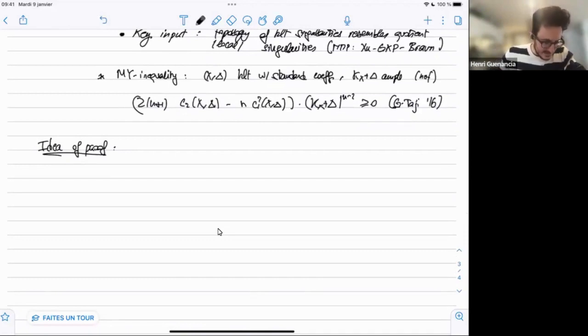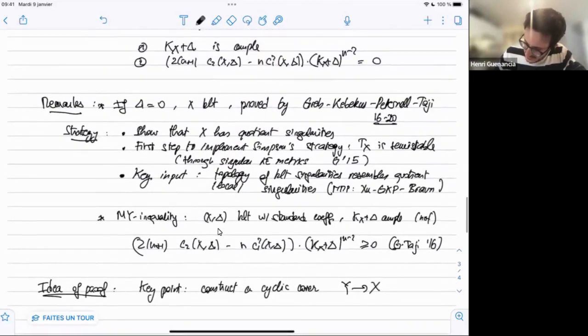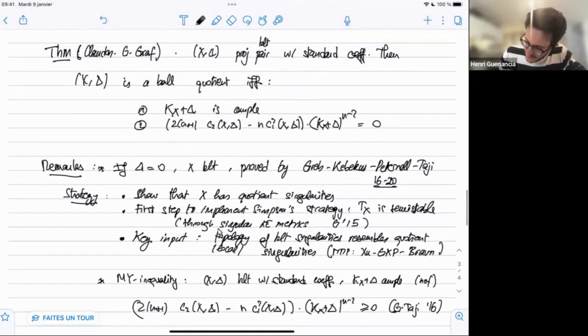And the key point is to construct a cover, a cyclic cover, Y to X, in the situation that I'm working with: a projective KLT pair, K plus Δ ample, if you want.